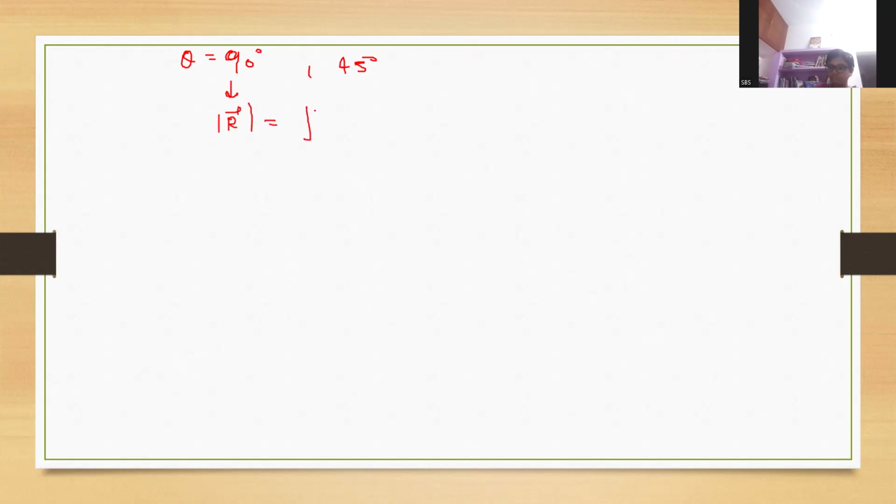Just now we found under root A square plus B square plus 2AB cos theta. Cos theta is here cos 90, which is 0. Clear? So it will be under root A square plus B square. Is it clear? Yes, sir. You can check this mod R, under root A square plus B square, is less than A plus B and it is more than A minus B.